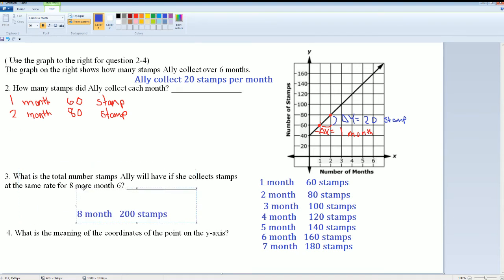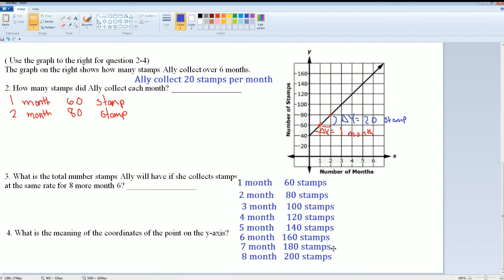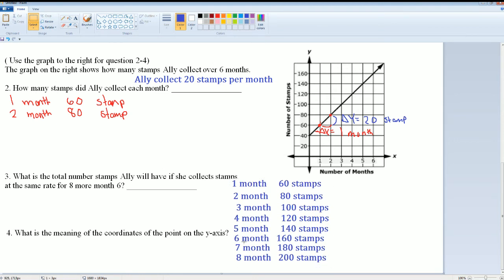So at that rate, what is her total number of stamps if she collected at the rate for 8 more months? So from the 6 months, 8 more months. So we start from here. I think we have to extend it a little bit further.